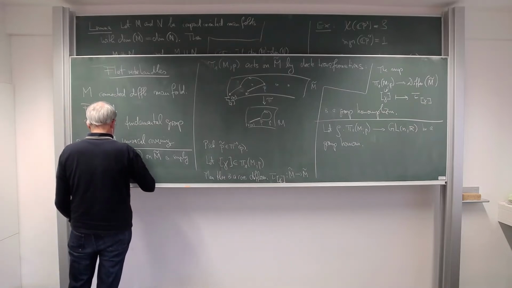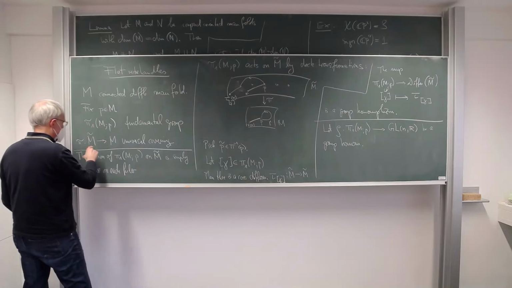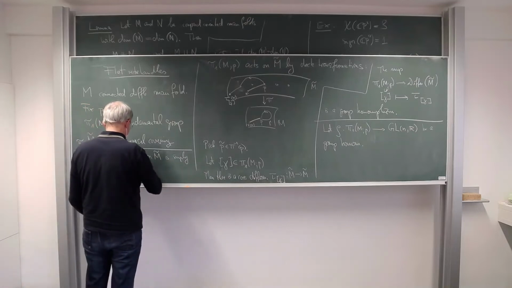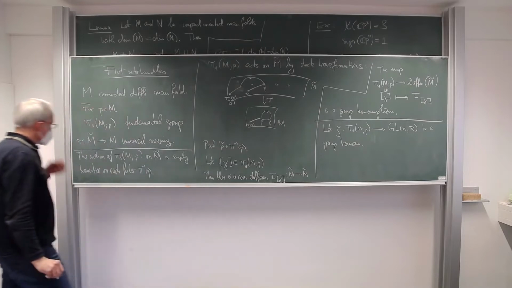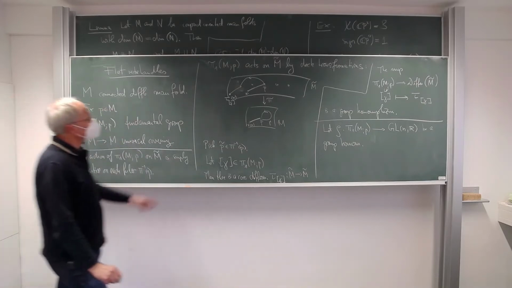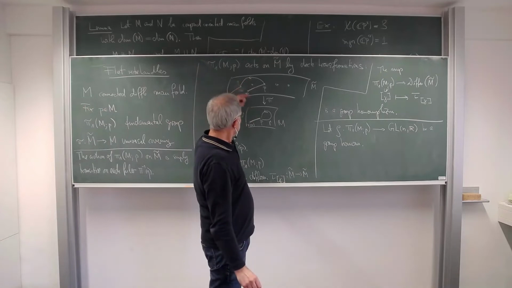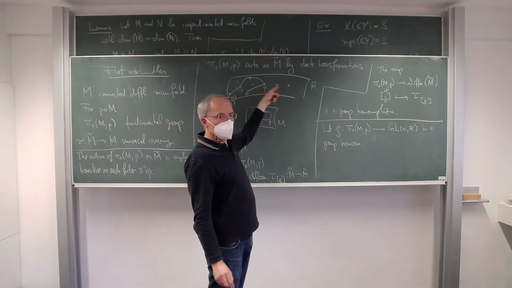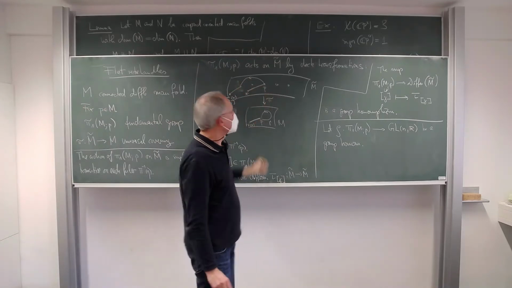On each fiber of this universal covering, since deck transformations commute with the projection map, they just permute the elements of each fiber.